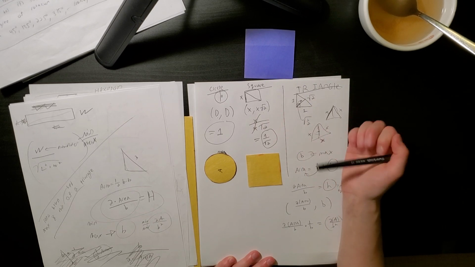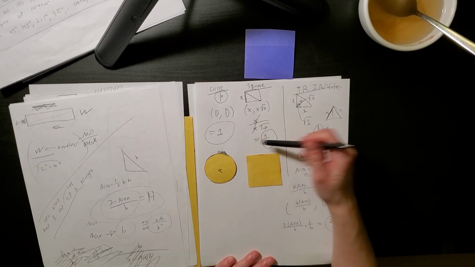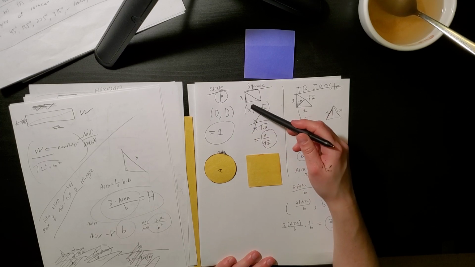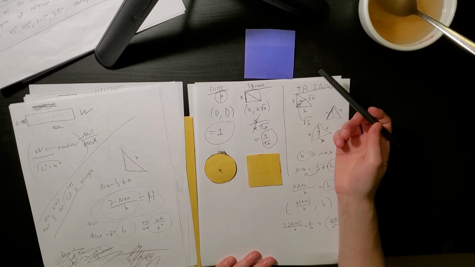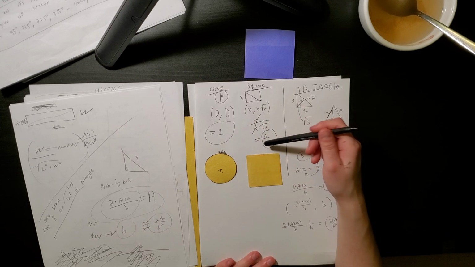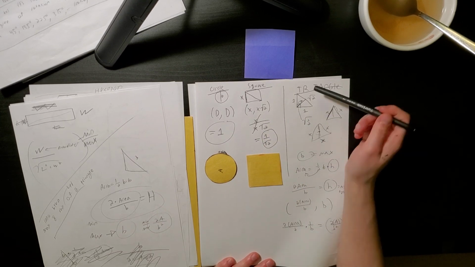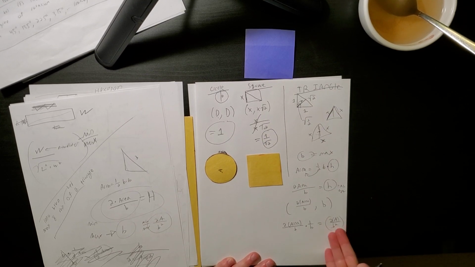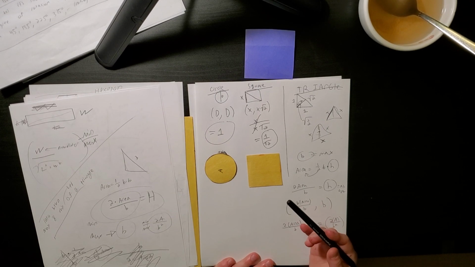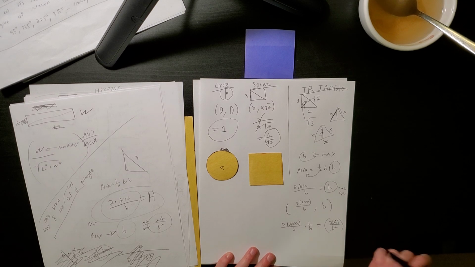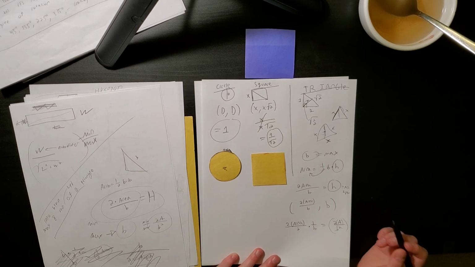No matter what circle you have, no matter what square you have, no matter what scale you scale it to, the ratio is always going to be 1 for a circle and 1 over square root of 2 for a square. Triangle, we have a range, right? But we know that, even though there's a range, it follows a specific formula, which is this.